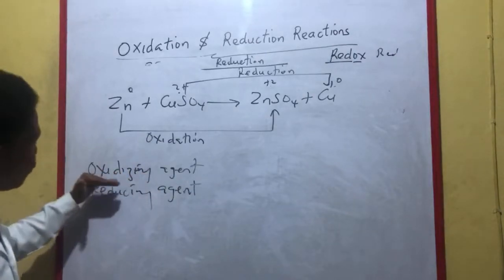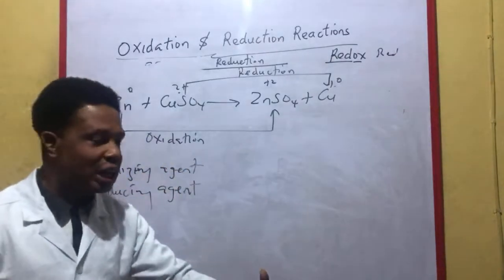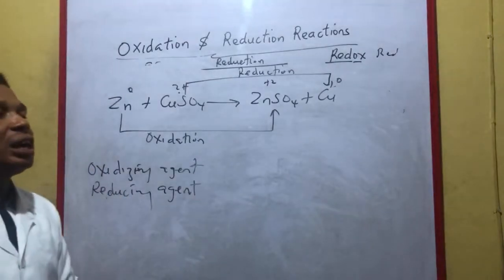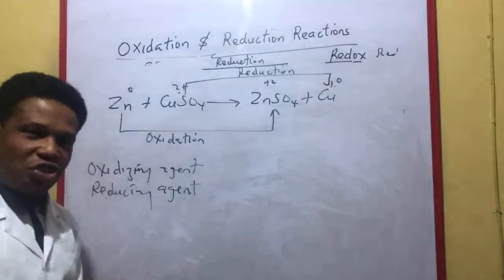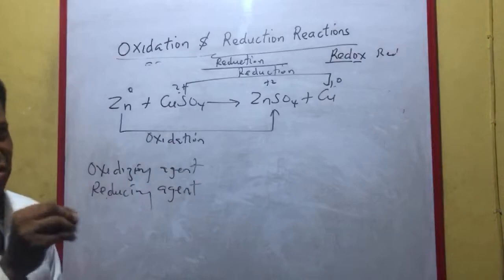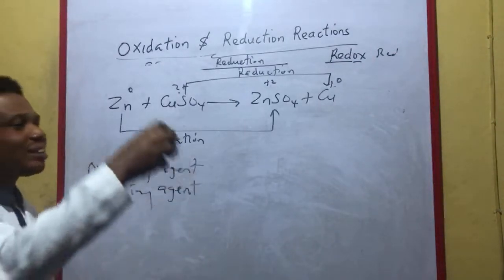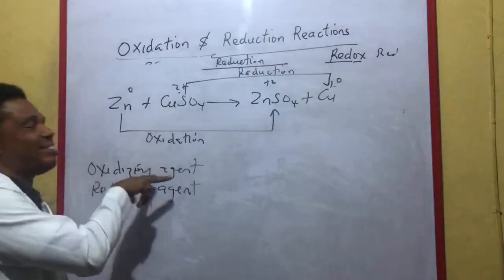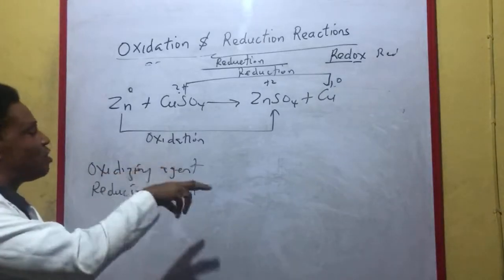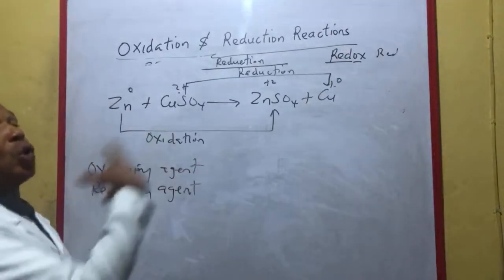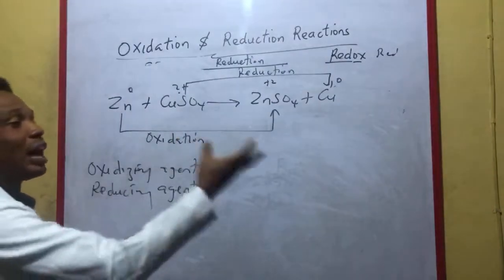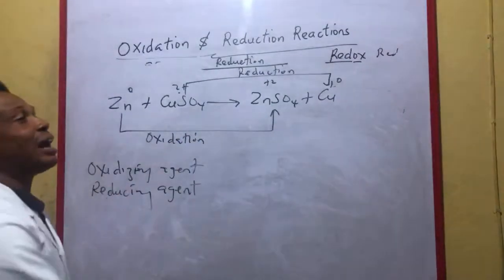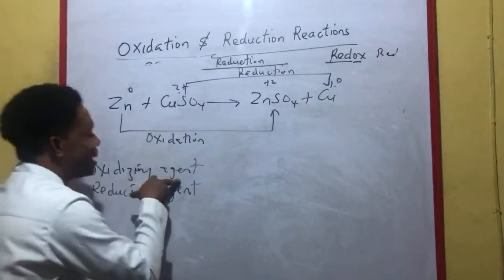Now, oxidation is the loss of electron. There must be a substance or a species that will be willing to accept that electron loss. The substance that will accept the electron is the oxidizing agent. That agent makes it possible for the electron to be lost, because when the electron goes out, something must accept it. Whatever accepts that electron is called the oxidizing agent.